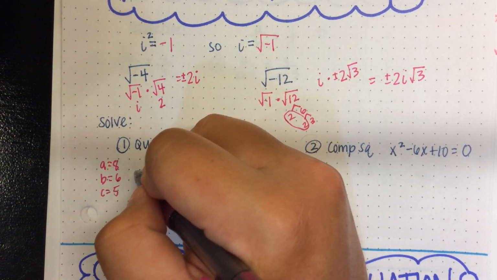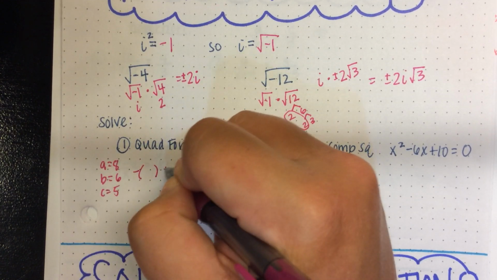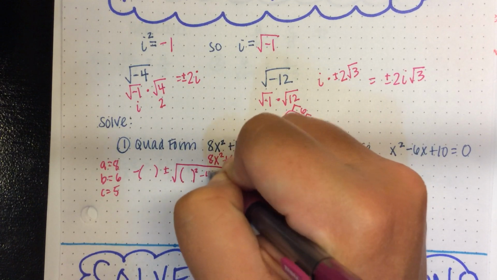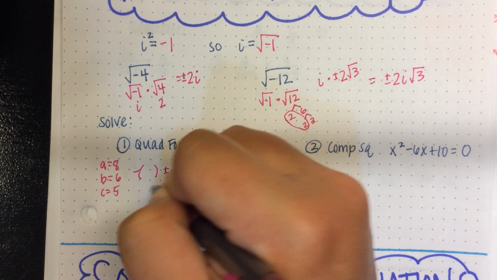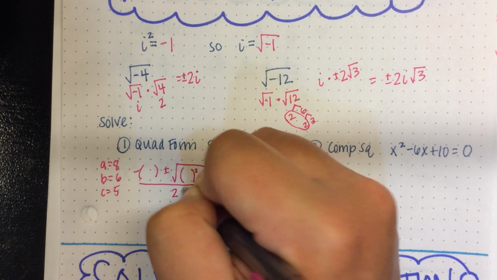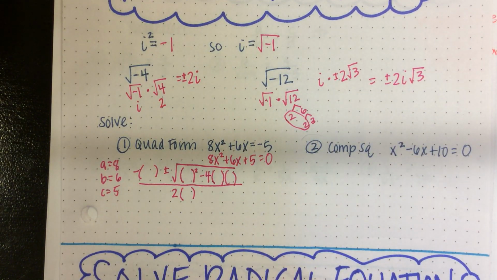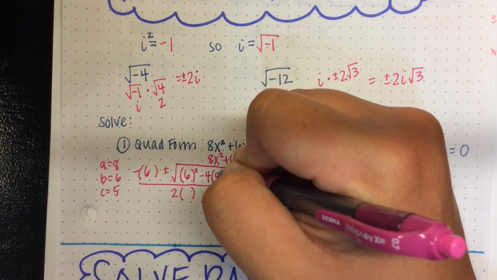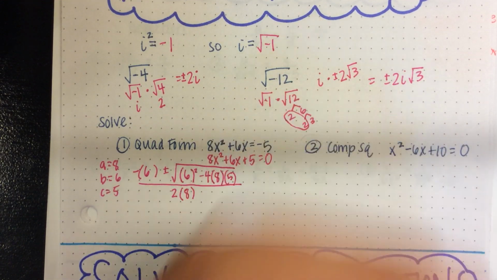All right, then I'm going to plug in. So I got -b plus or minus the square root of b squared minus 4ac, all over 2a. My b is 6, my a is 8, and my c is 5.